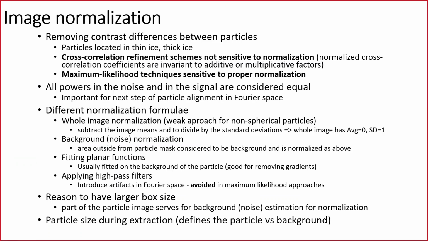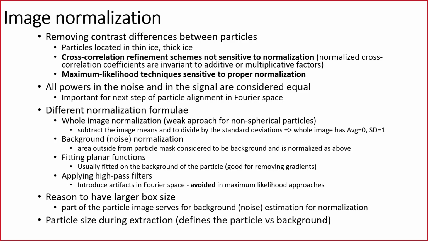Another thing that is largely unknown that's done during the process of the box extraction, when you already defined how big your box will be and are going to extract your data from the micrographs, is that there are contrast differences between particles. There are contrast differences because of the thickness of the ice. Some particles you are picking on thick ice, some particles you are picking on thin ice.